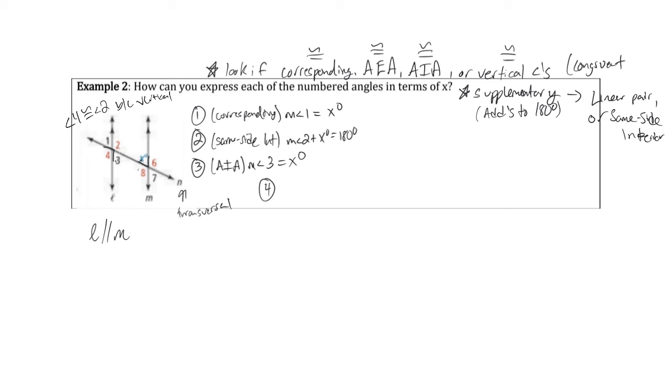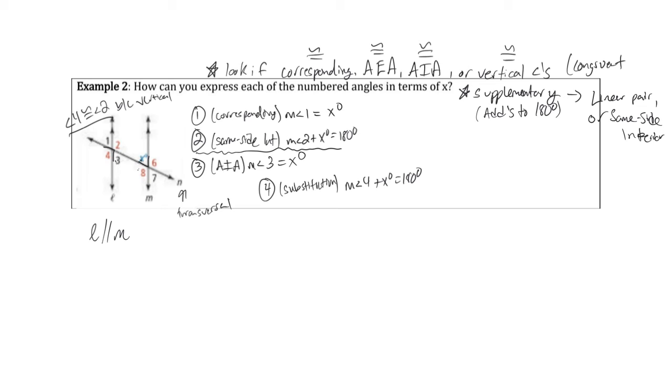And we said for angle 2, they are supplementary and add to 180. So we can use substitution to say that the measure of angle 4 added to x degrees equals 180, because angle 2 and angle 4 are congruent, since they're vertical angles.